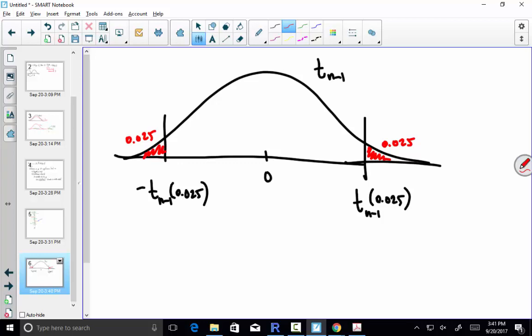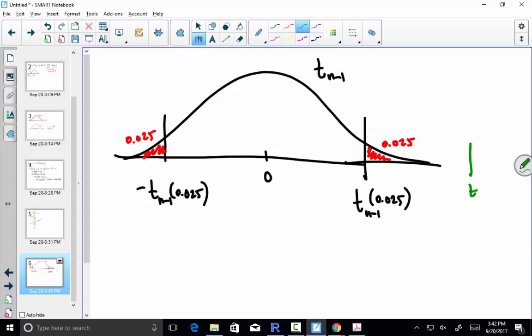If I wanted to do a test at significance level alpha equal 0.05, and I wanted to allow for the statistic to be either big positive or big negative, this is a sensible way to do it. In this setup, if my test statistic is over here, I will reject.